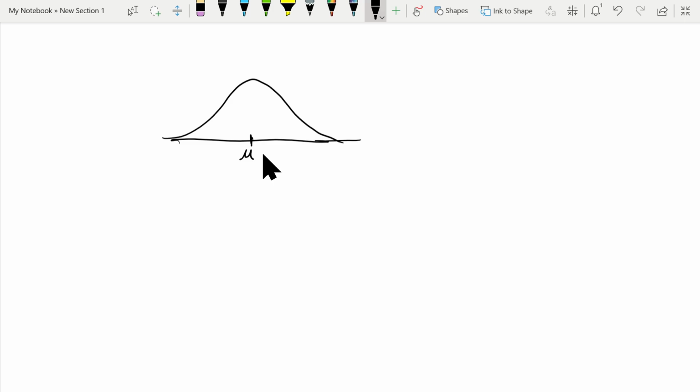One standard deviation out and down is 68%. And two standard deviations is 95%. Right? That's the estimate.